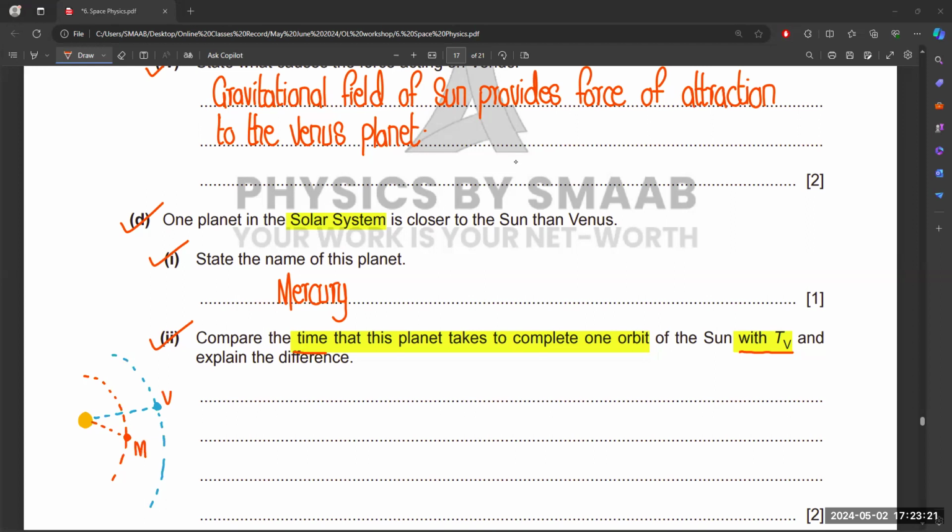And you can also relate it with the help of the formula v equals 2 pi r over t.